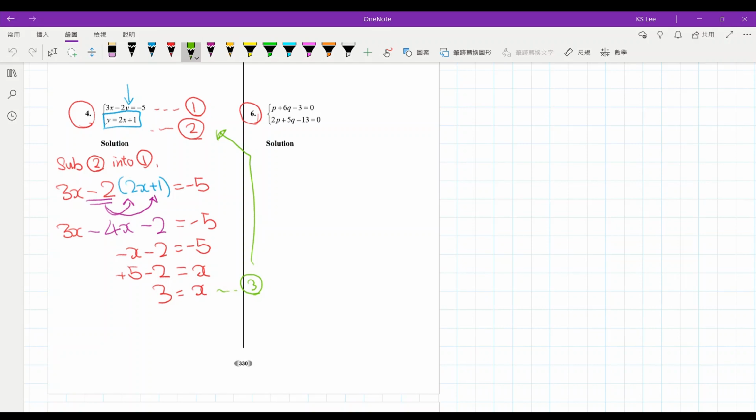I suggest you substitute into equation 2 because in equation 2, y is our subject for easier calculation. Therefore, x equals 3 and y equals 7.